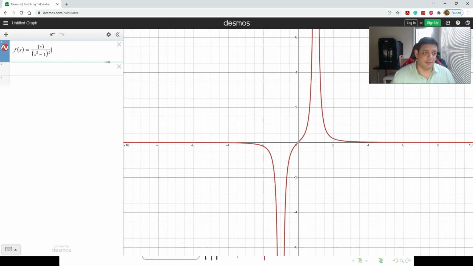So we can see the function x over (x squared minus 1) squared. That is f of x, but I can check with the values.